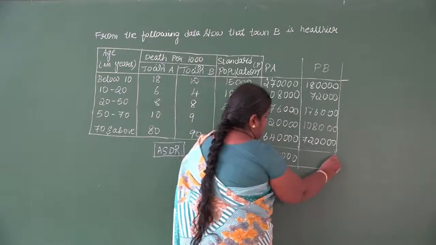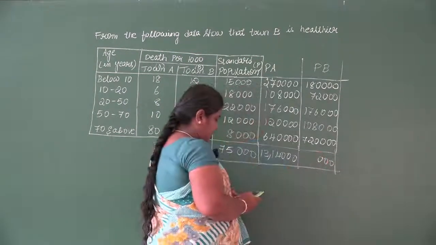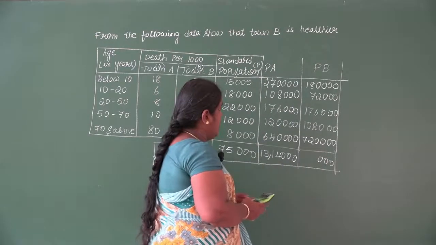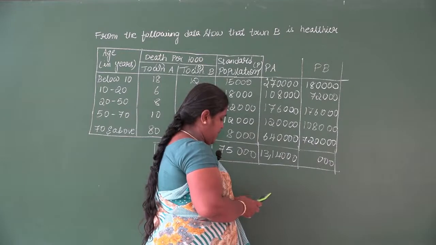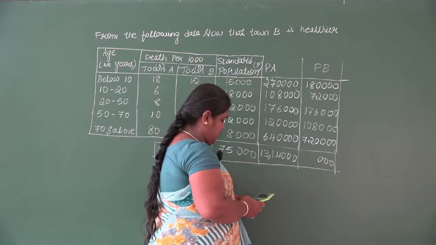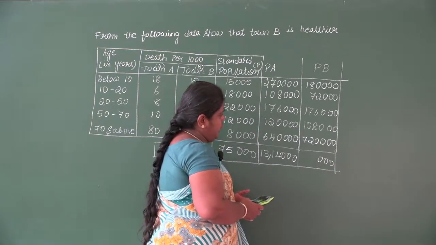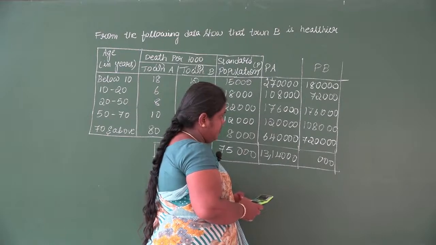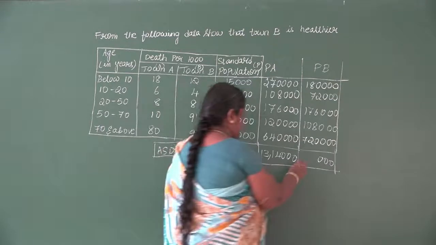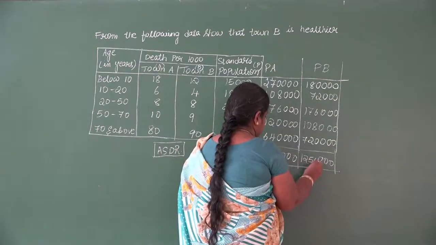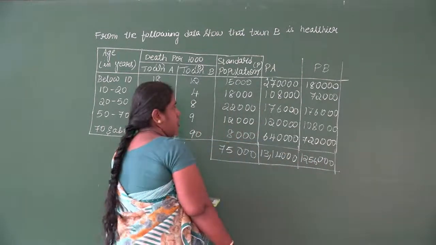Next PB total. So you can add 1,80,000 plus 72,000 plus 1,76,000 plus 1,08,000, then 7,20,000 is 12,56,000. Then use the formula of STDR.